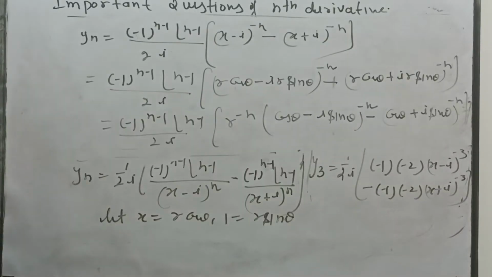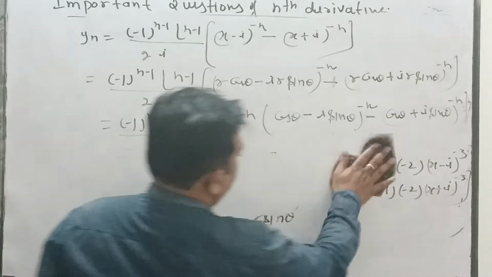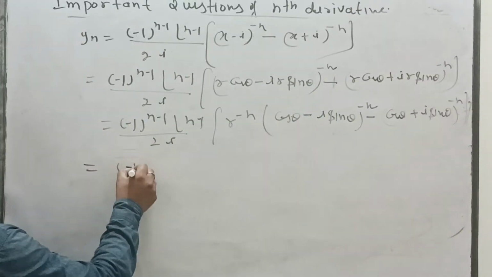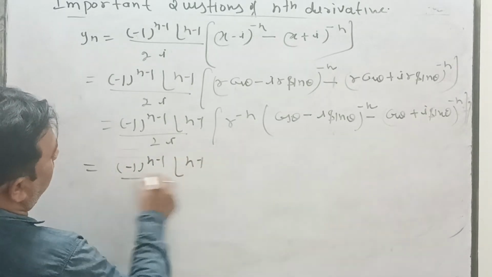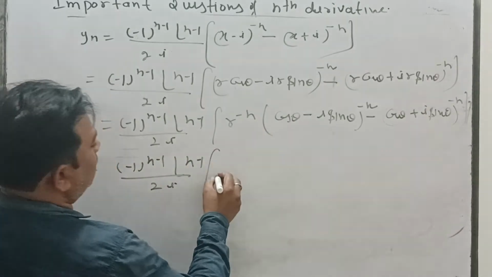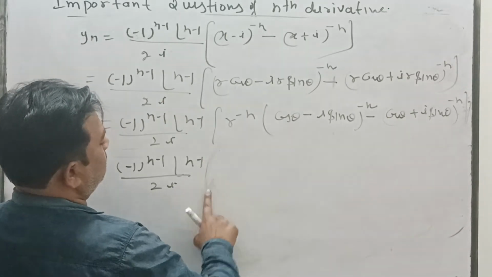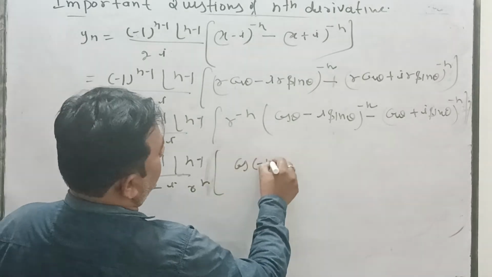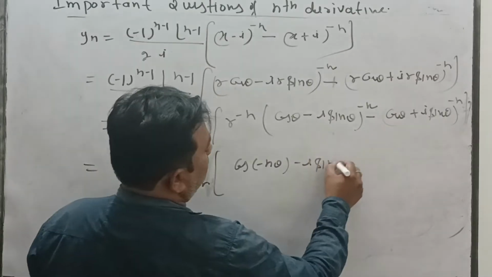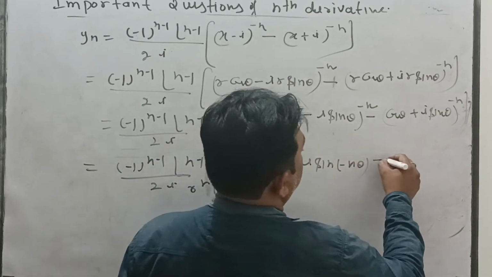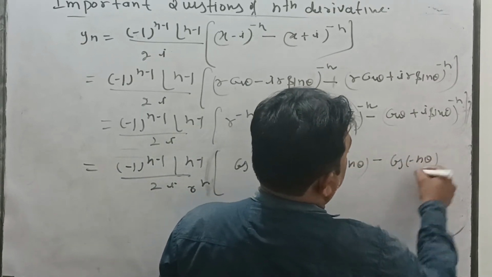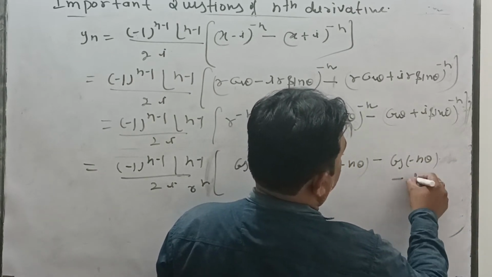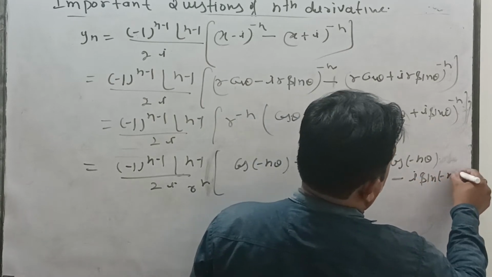So minus 1 to the power n minus 1, factorial n minus 1, over 2i, times r to the power minus n, times [cos of minus n theta minus i sin of minus n theta minus cos of minus n theta minus i sin of minus n theta].